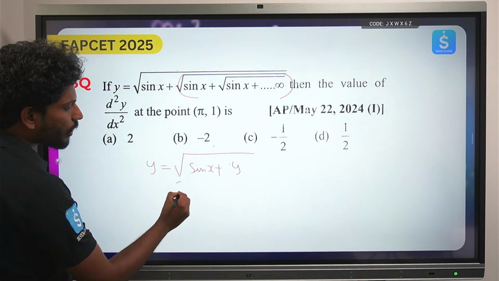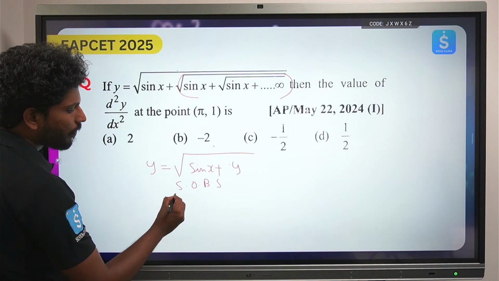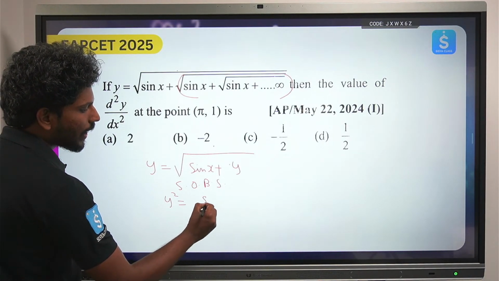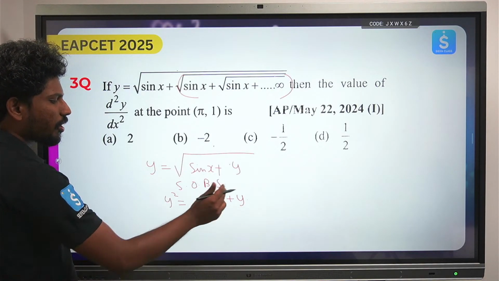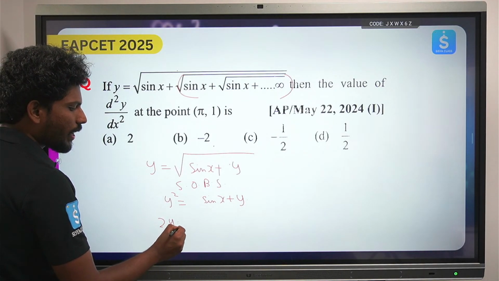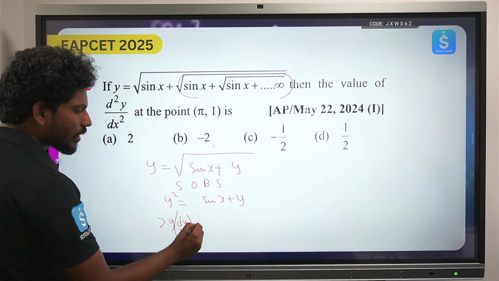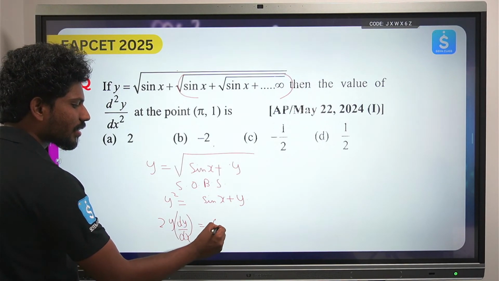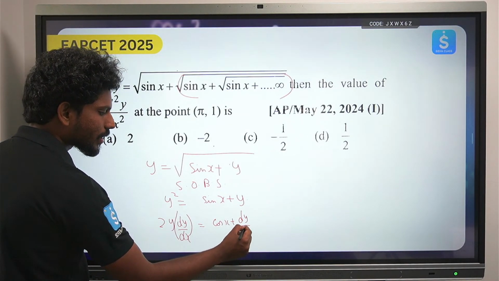Okay, now what can I do? I can square both sides, right? So y squared equals sin x plus y. Now if I differentiate on both sides, 2y into dy by dx equals, what is the differentiation of sin x? cos x plus dy by dx, right?